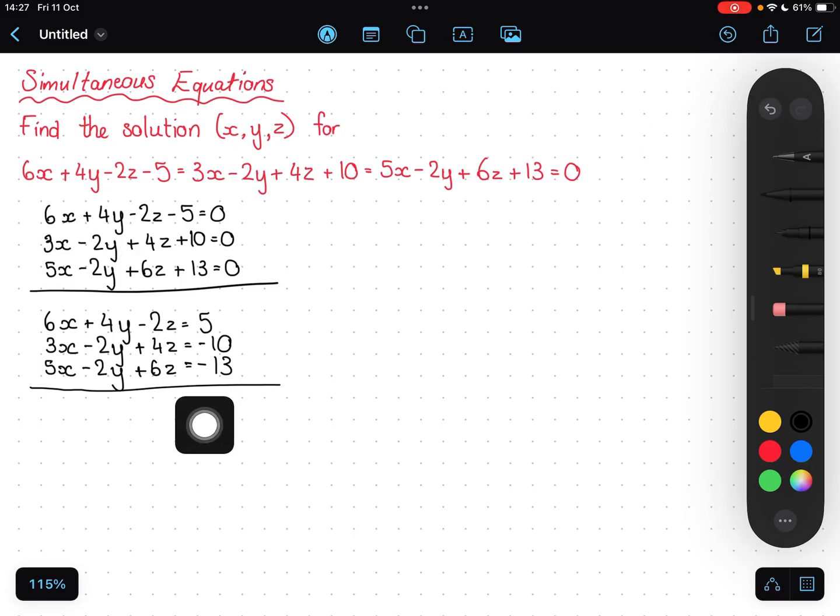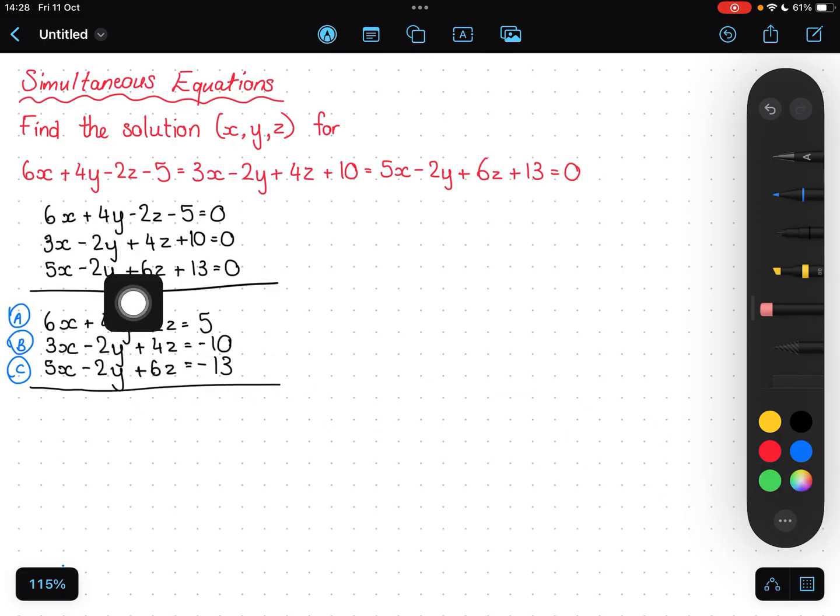Okay, so at this stage, I'm going to decide which variable I'm going to cancel out first. On the x's, fair enough with A and B it might be easy enough to cancel out the x, but when I'm using equation C later on, it's not going to be as easy to cancel out the x. So I'm not going to get rid of the x's.